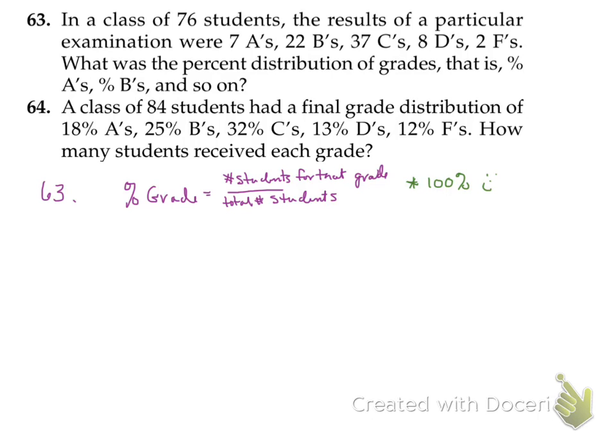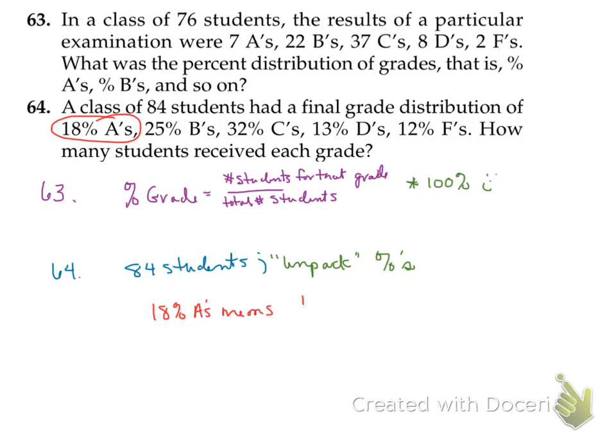For 64, it's a little more interesting. They say there are 84 students, then they give you the percentage that got A's, B's, C's, D's, and F's. I gave you the pattern to unpack those percents. When it says 18% of students received A's, I would like you to unpack that as 18 A's in 100 students.